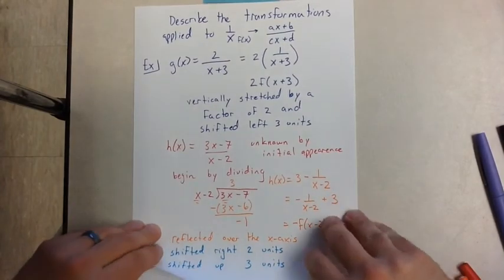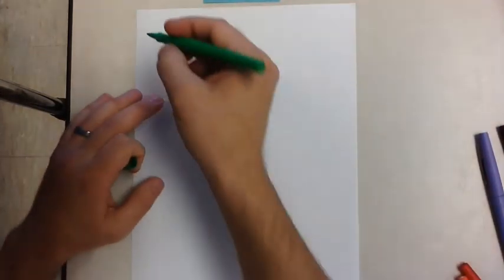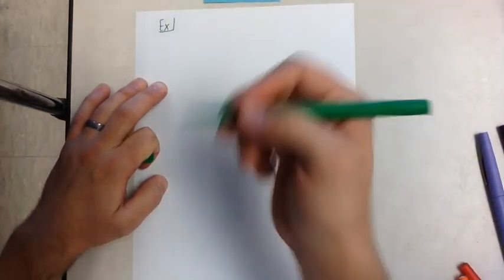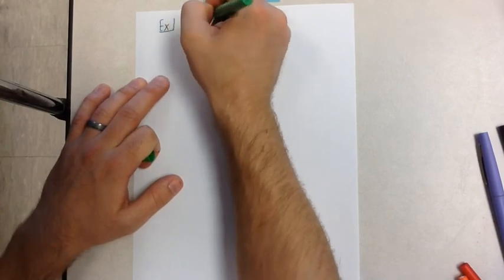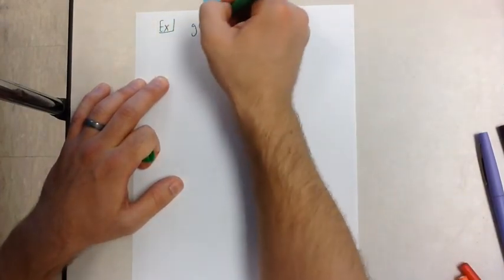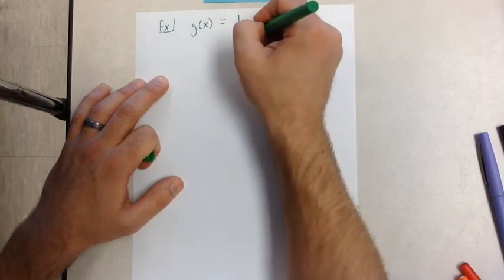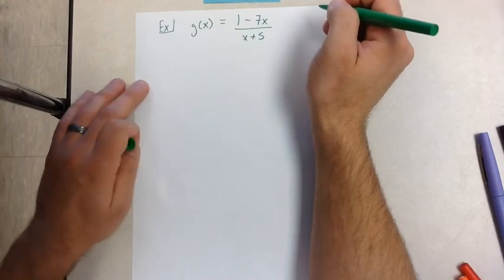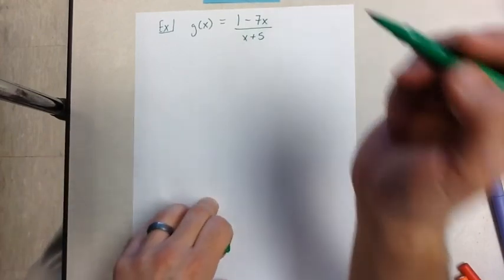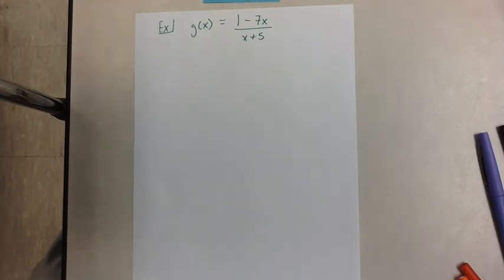So I have one example for you to try on your own before coming into class. So let's say that we have a function g of x, and let's have a function 1 minus 7x divided by x plus 5. Okay? So I encourage you just to go through and decide whether or not you need to actually divide these two polynomials to get a better look at what's going on.